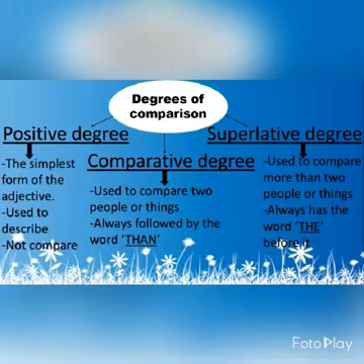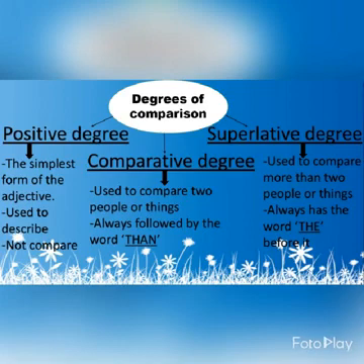Now let's understand this. If I say Ajay is a tall boy, tall will come under positive degree. You know, tall is an adjective and it will come under positive degree. Now let's understand what is positive degree. The simplest form of the adjective is known as the positive degree.